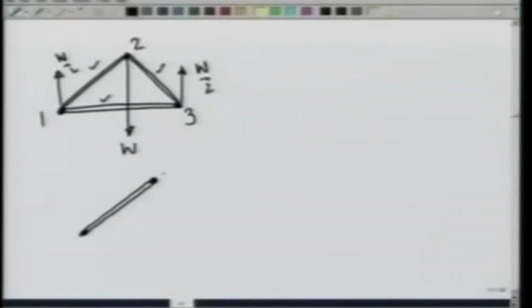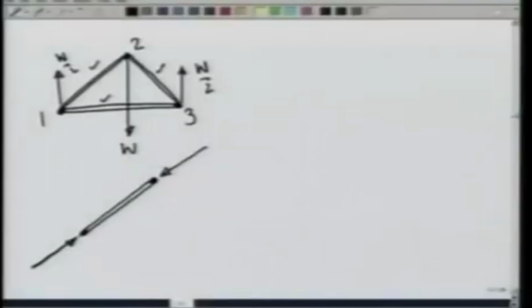So in this case, there will be a force on this acting this way, and there will be a force acting on it this way at these 2 points. This is the only way these 2 forces can act. Otherwise, the body will not be in equilibrium.